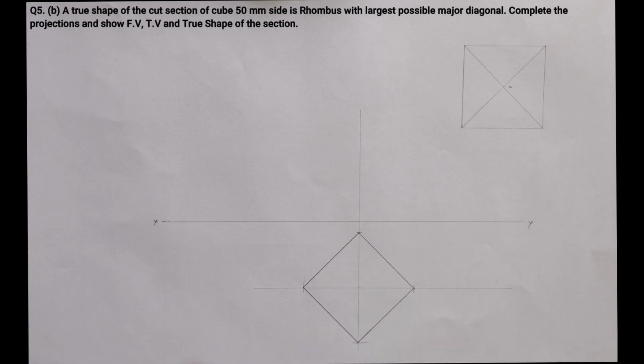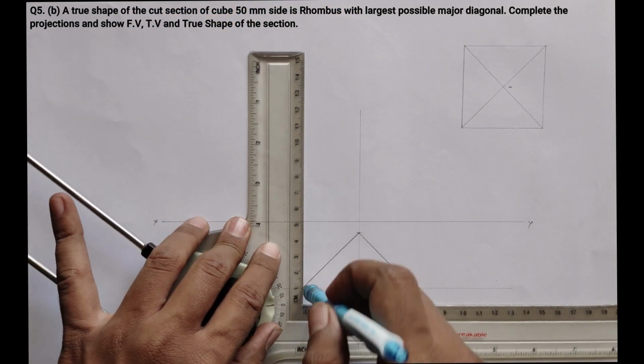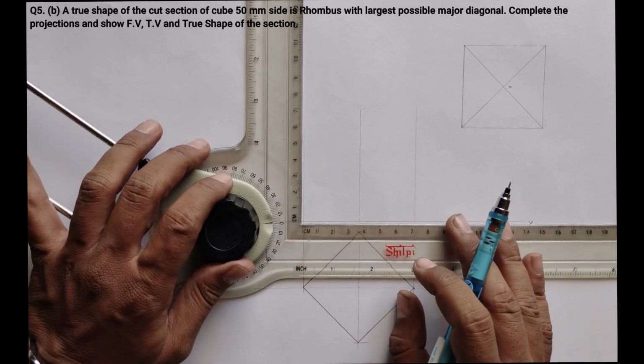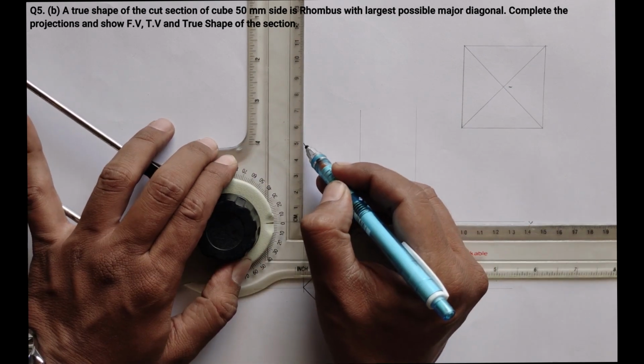So this completes the top view. Taking projectors up, height 50 mm because this is a cube.